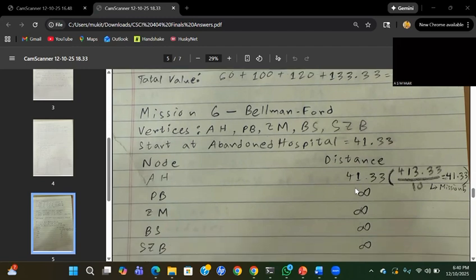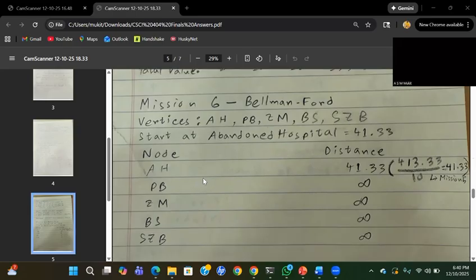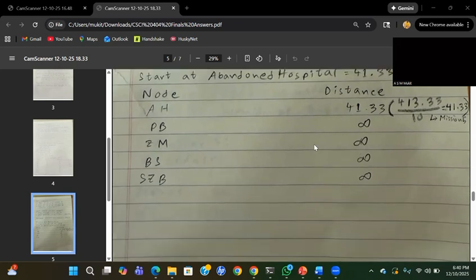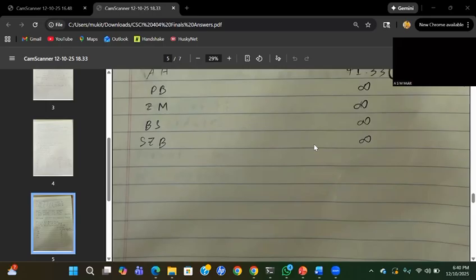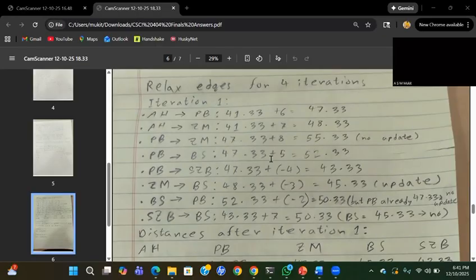Lastly, I took that amount as the distance to the abandoned hospital. I divided by 10 and used it as the starting energy for Bellman-Ford in Mission 6. I initialized the distances with the abandoned hospital at 41.33 and all other nodes at infinity. I relaxed all the edges for four iterations.